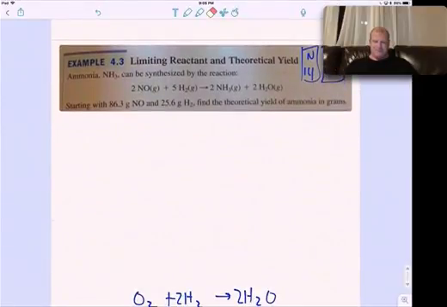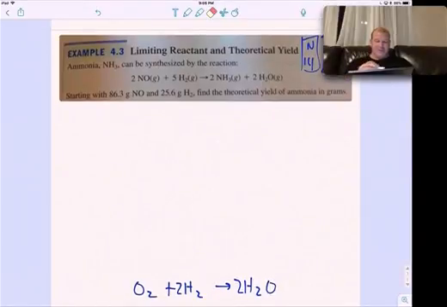Okay. So let's look at a problem where we don't know what the limiting reagent is. Ammonia, for instance, can be synthesized by this reaction. That's not how we make ammonia. We make ammonia from nitrogen and hydrogen over an iron catalyst. But you could do this.